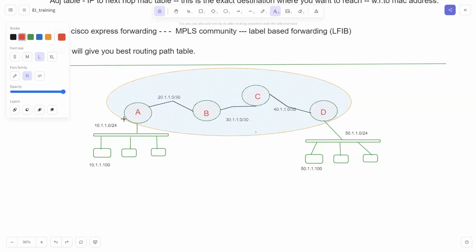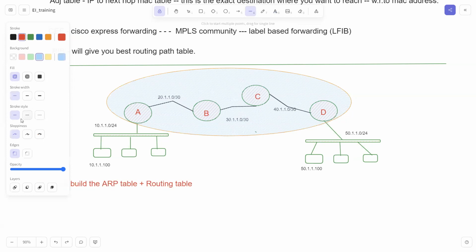It is going to 50.1.1.0. Whatever we have studied so far, router A will build the ARP table, right, plus the routing table. Now what will happen here is that this particular switch, this line, is a switch.